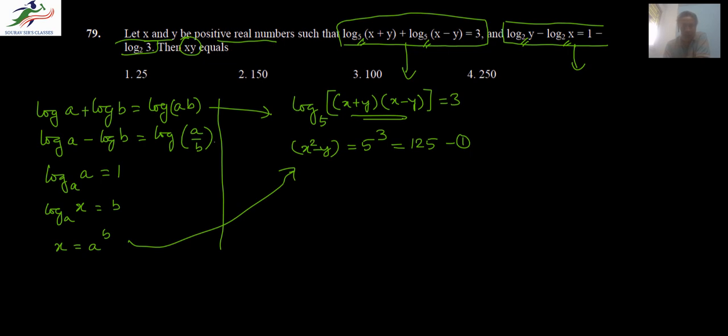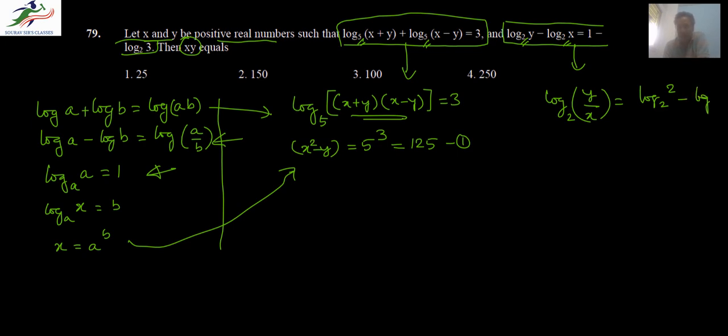So I will apply this rule. So log of y over x to the base 2 is equal to 1 minus log of 3 to the base 2. I write 1 as log of 2 to the base 2, applying this rule, since log of any number to the same base is 1.